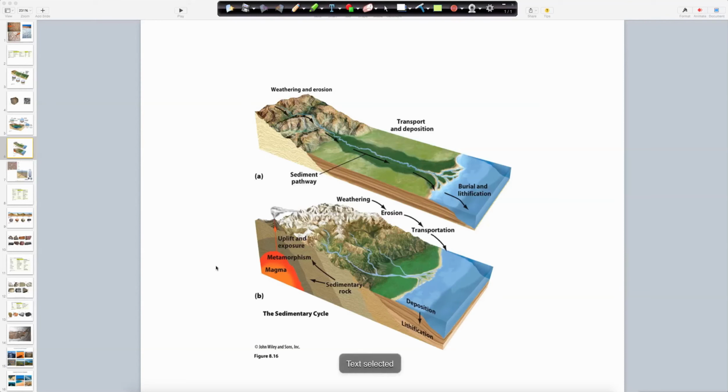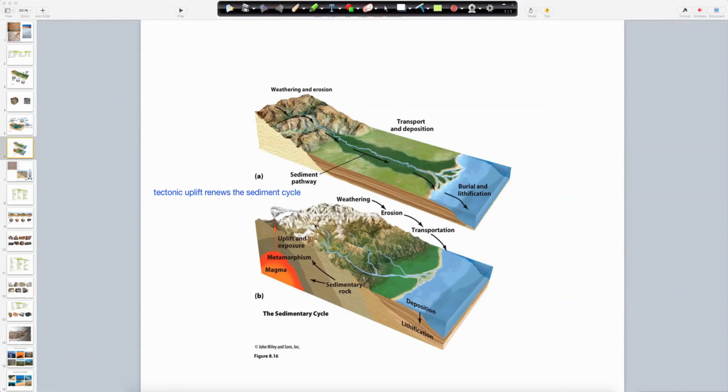But a couple things that you need to know. Tectonic uplift renews the sediment cycle. Every time you have uplift of a mountain belt, you're going to have high weathering and erosion rates up in the mountainous regions, so that's renewing the sediment.